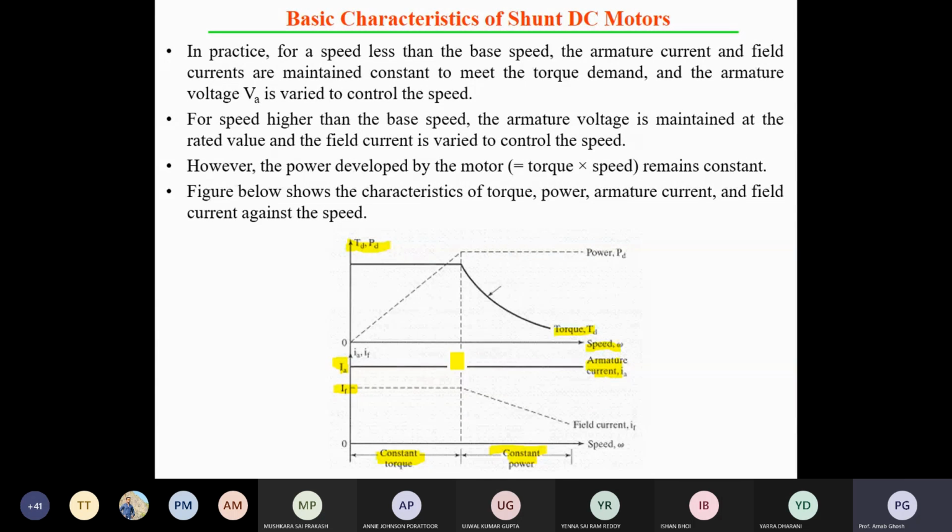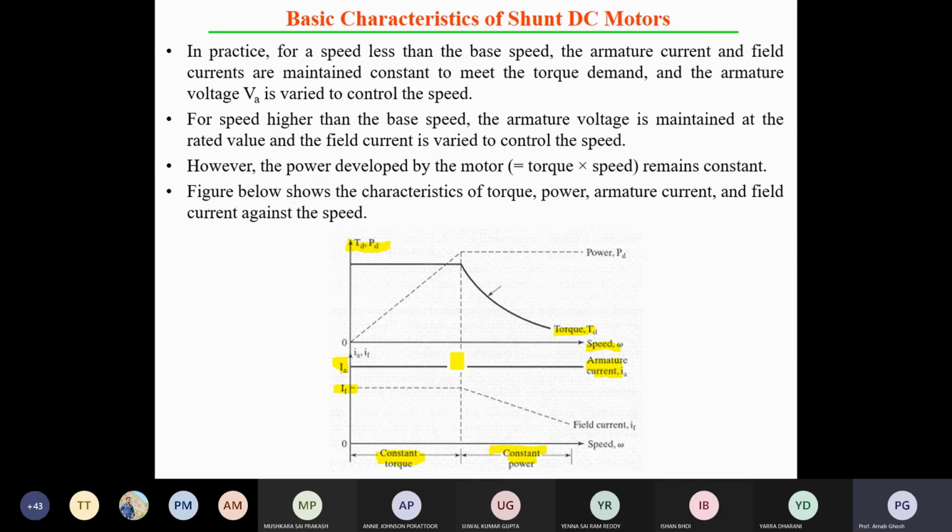Why? Basically the field winding and armature winding are both in series. So in that case IA is directly proportional to phi. So torque is directly proportional to IA square or phi square. So it will vary in a rectangular way, as written over here.